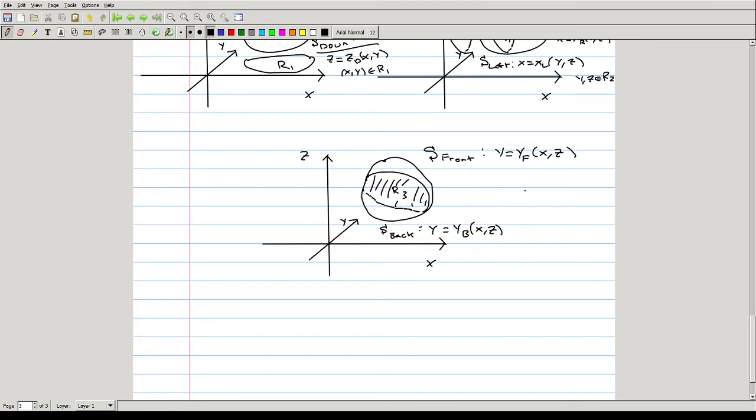And both of these are for x, z in this projection region R3, which is just the volume projected along to the zx plane.